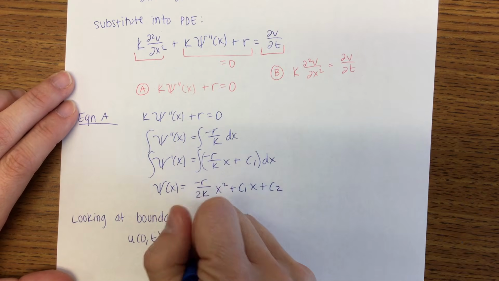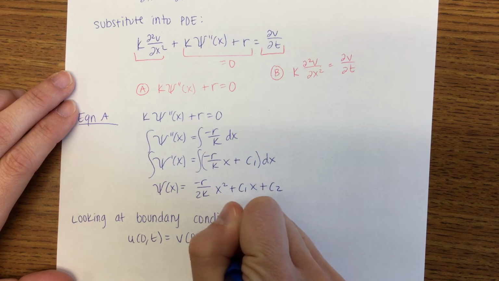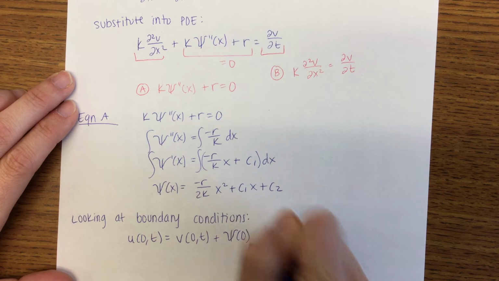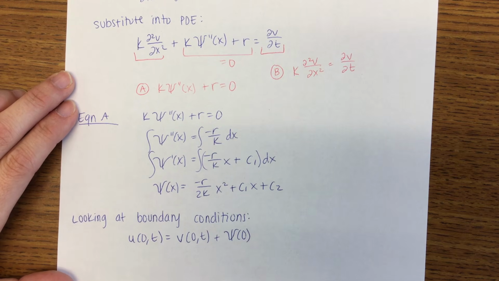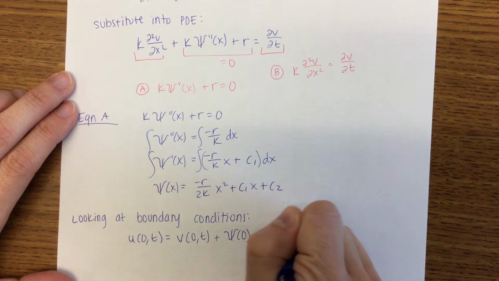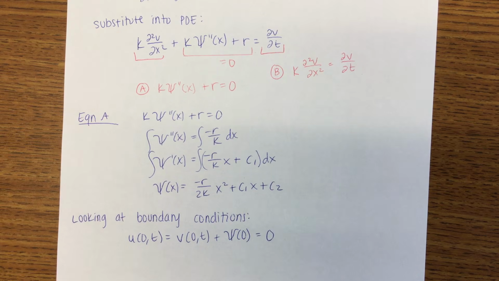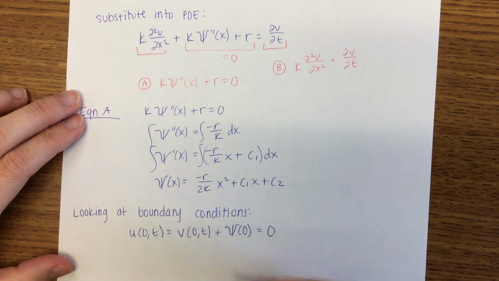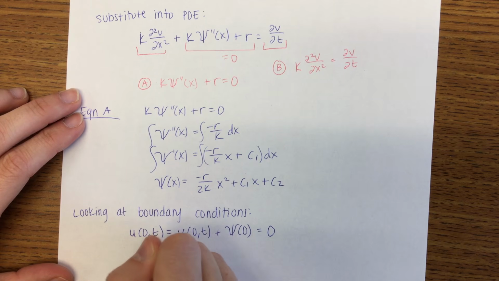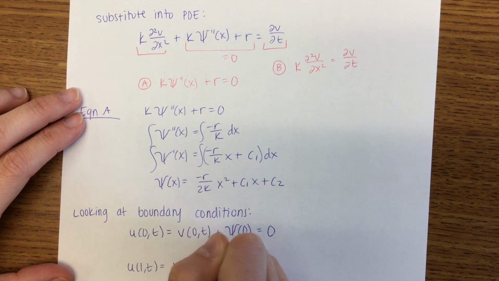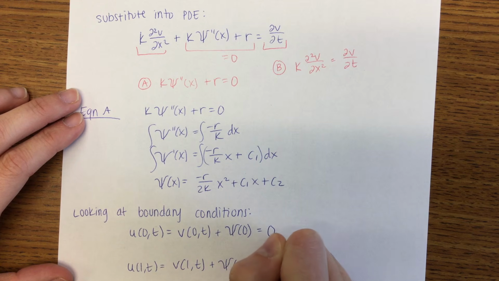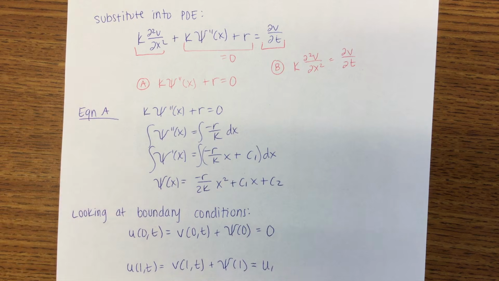So u of 0,t is equal to v of 0,t plus psi of 0. And that u of 0,t was 0. We also know that u of 1,t is equal to v of 1,t plus psi of 1, and that's equal to u1.